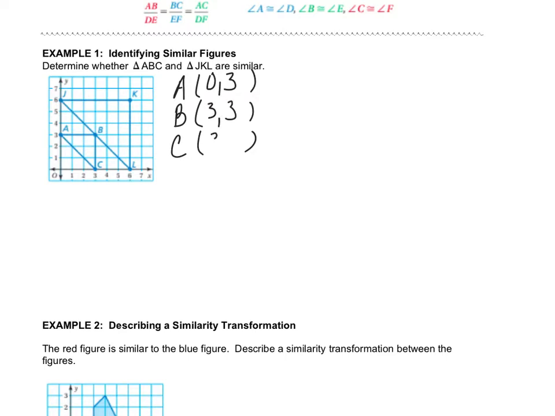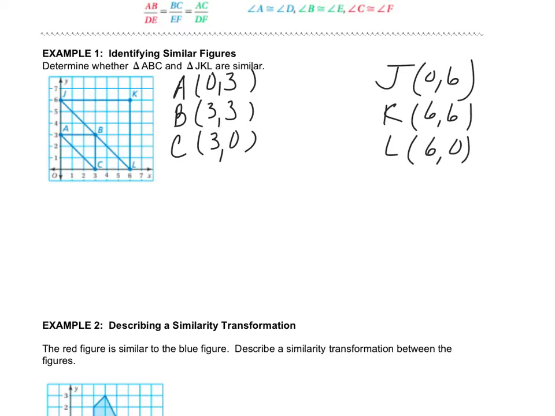And C is at 3, 0. Okay? Now, we are going to look at these coordinates over here. J is at 0, 6. K is at 6, 6. And L is at 6, 0.